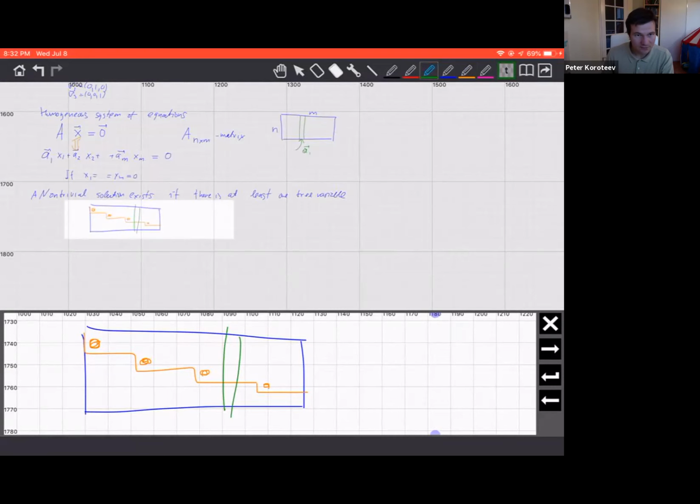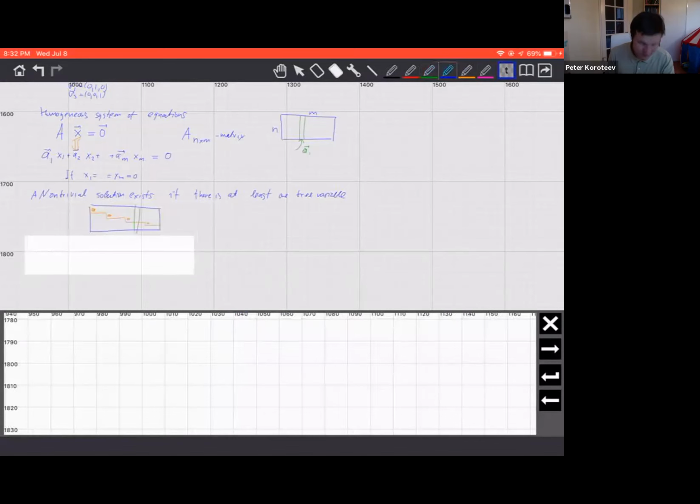An example that we had last time, I think we saved it in Mathematica. I'm just going to write down the matrix. We don't need Mathematica for now. We have this matrix A, which was 3, 5, minus 4, minus 3, minus 2, 4.